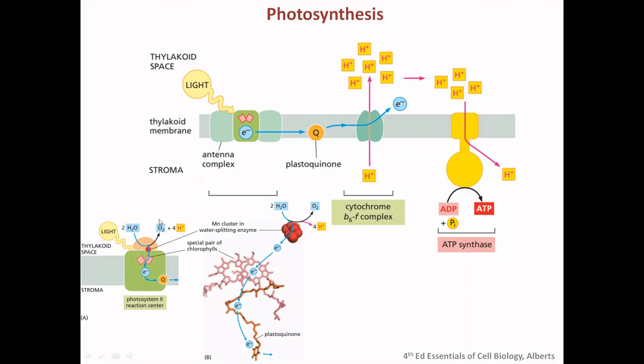In this process, one oxygen molecule and 4 H plus are released. And the quinone is reduced to quinol, and this is the manganese cluster water-splitting enzyme. This is the enzyme that splits water into oxygen molecules and H plus, and the electron travels through plastoquinone.